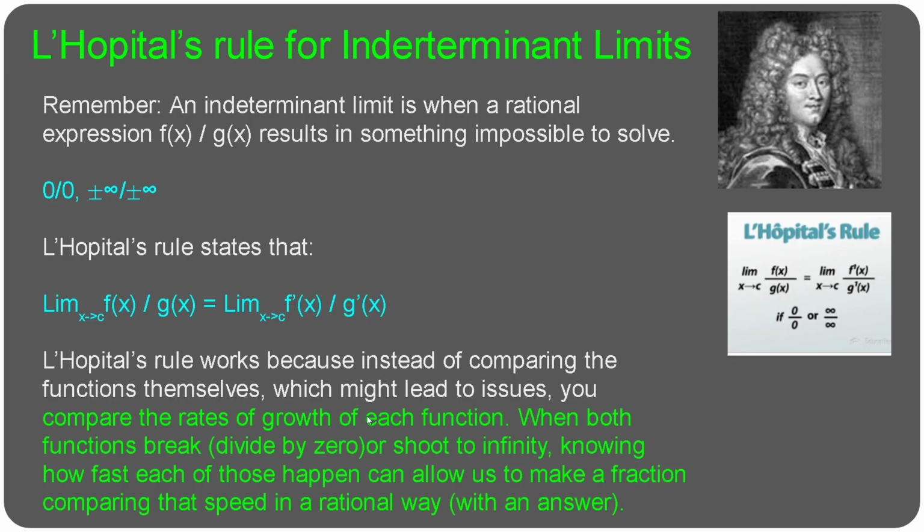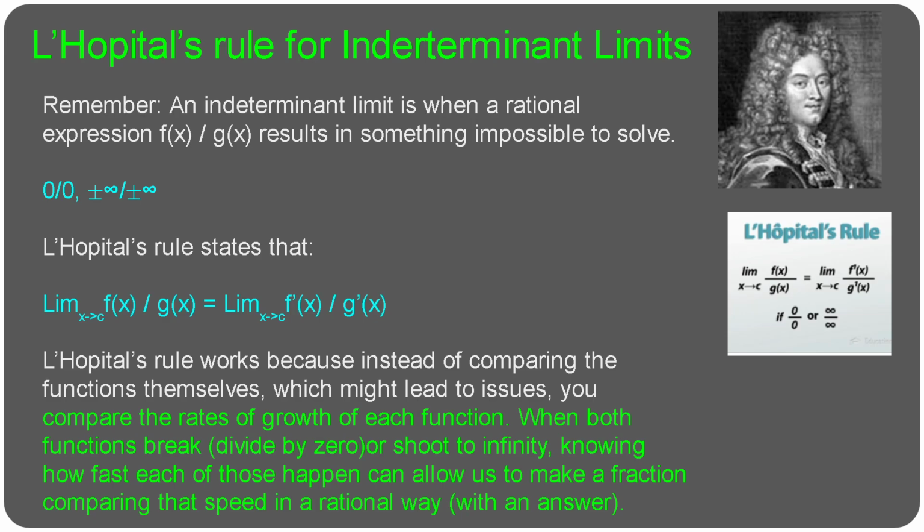And here's why L'Hopital's rule works. How I saw it explained that made sense to me is when both functions break, like you have 0 over 0 or infinities involved with it, that means that the function is broken. Once again, infinity is a concept. You can't have infinity. Dividing by 0 is a concept. You can't divide by 0.